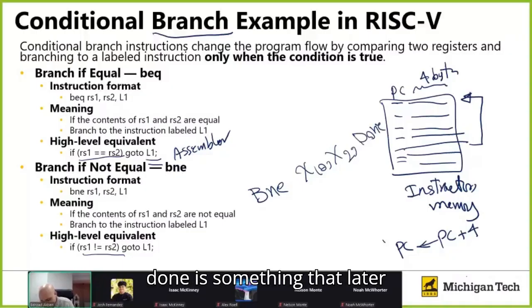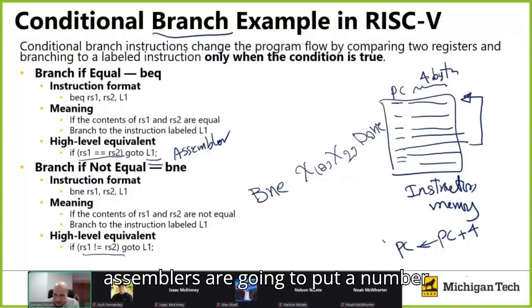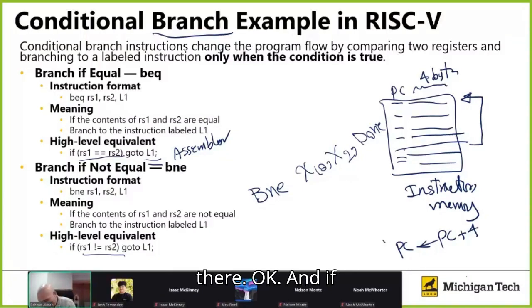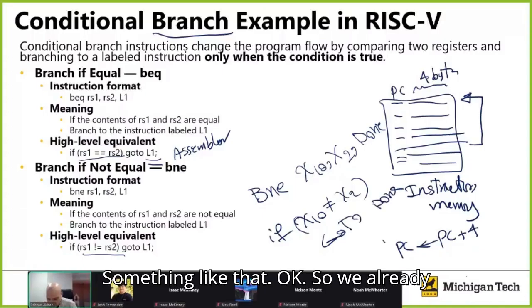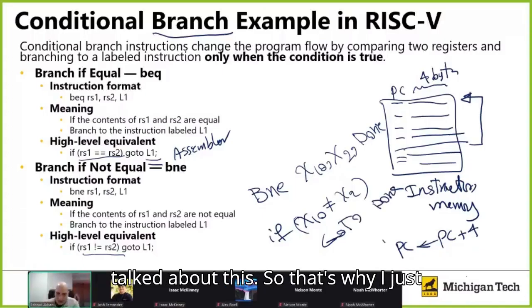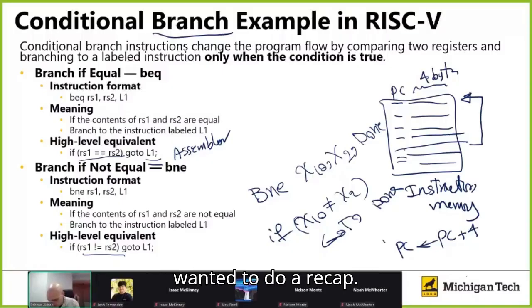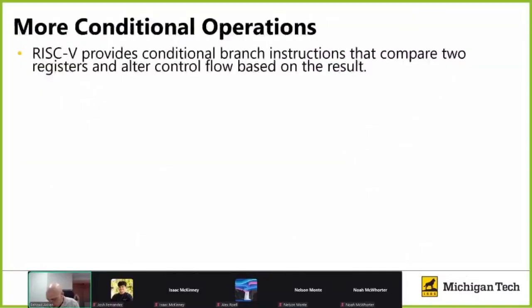Okay, the label done is something that the assembler will later replace with a number. If register x10 is not equal to x2, we are going to done, something like that. We already talked about this, so I just wanted to do a recap.